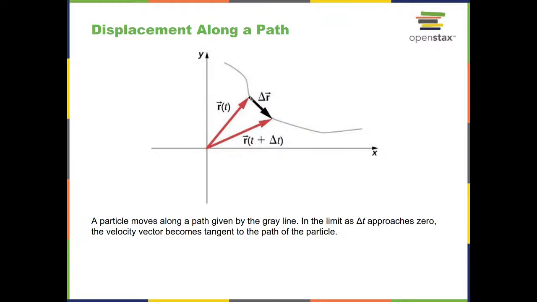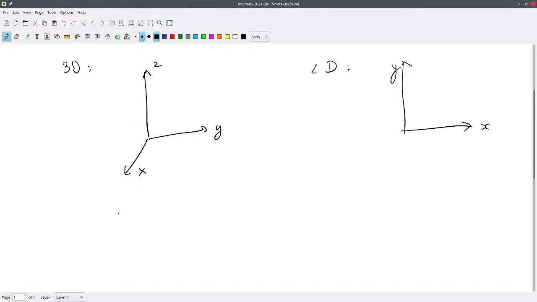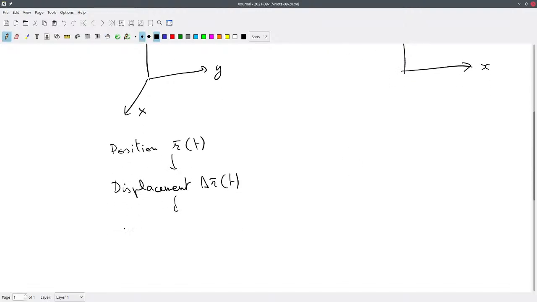Now if we have this displacement at a very short time delta t, then of course the next step will be to turn that into a velocity, just like we did in uniform motion in a single direction. And I'm actually not putting the formula here, but of course if we go from position r as a function of time to displacement delta r, again a vector as a function of time, then we can go to, let's call it first, instantaneous velocity.